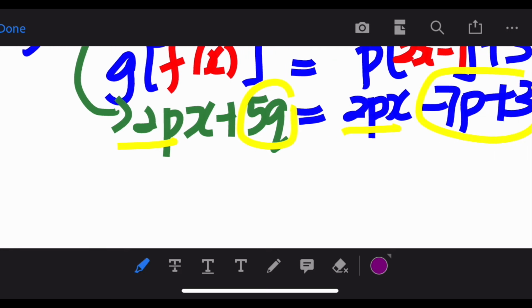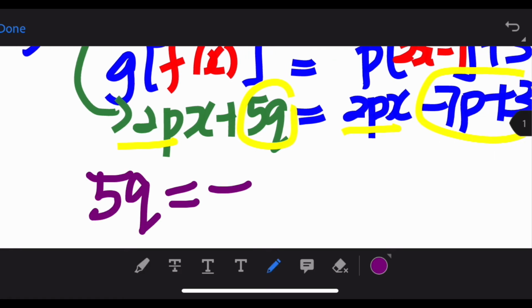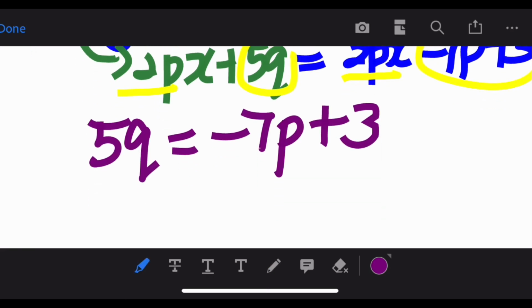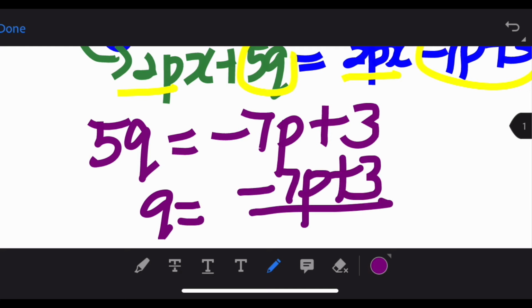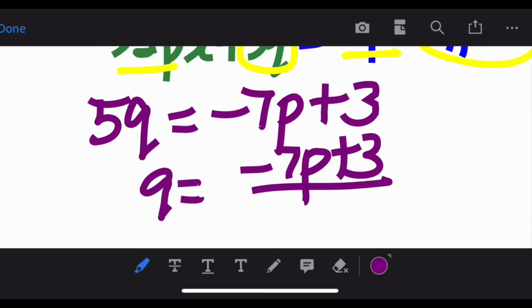Now, if it is q in terms of p, that means q must be alone. So we are going to copy down this one: 5q equals negative 7p plus 3. I want my q to stand alone, so we want to make the q, which is actually 1q, on one side, so we divide by 5.